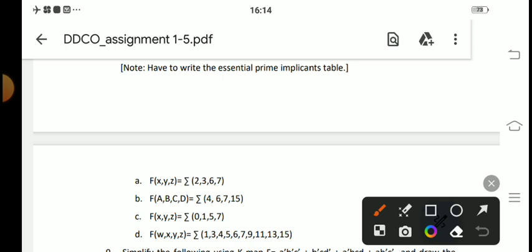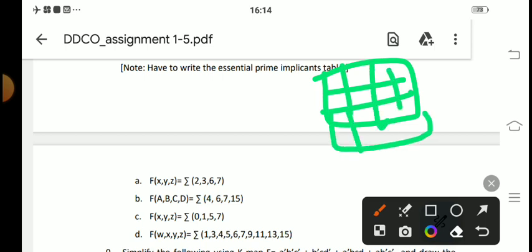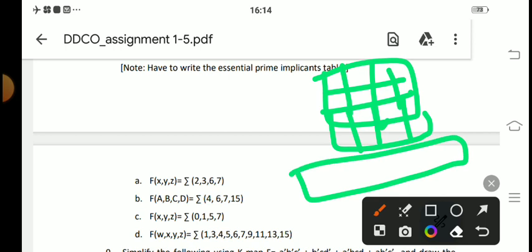If you write in a single page, let us consider this is your truth table, and then this is your prime implicants table, that is serial number, prime implicant, essential prime implicant, essential cell number, is it an essential prime implicant or not, then your final answer.